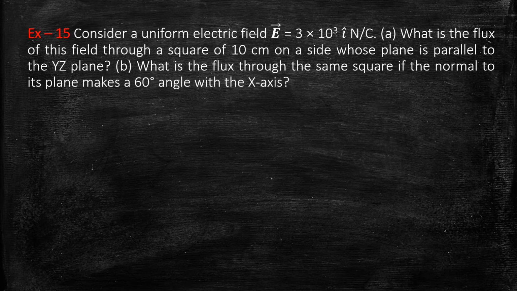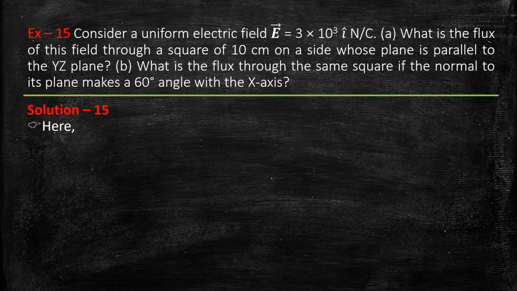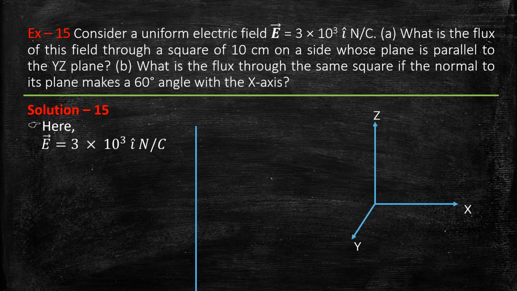So first I think we need to understand the situation. What do you mean by YZ plane, and what is the orientation of the plane with respect to the electric field? The electric field is given, and if I consider a Cartesian coordinate system, the surface here is along z and x direction.